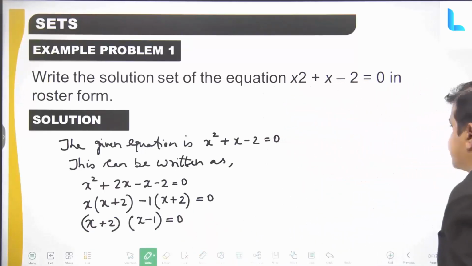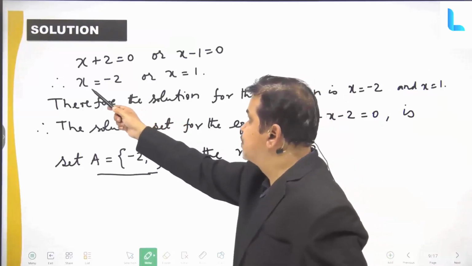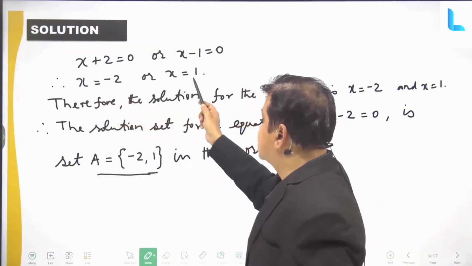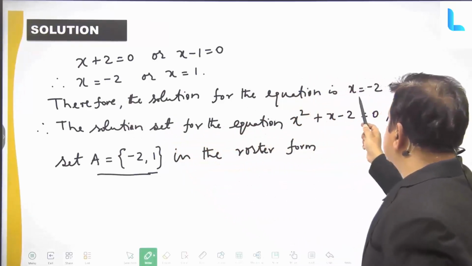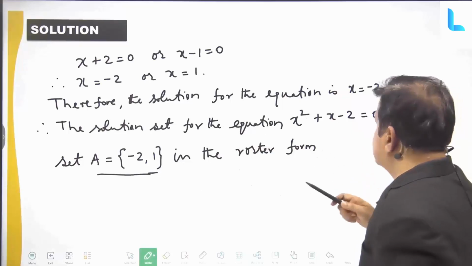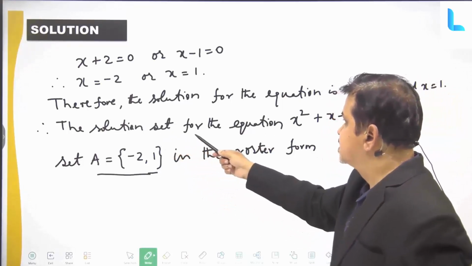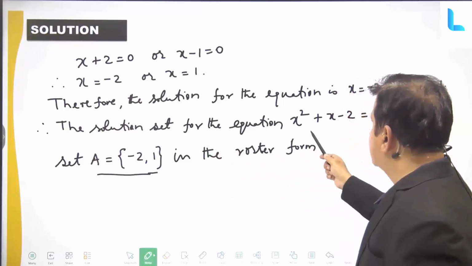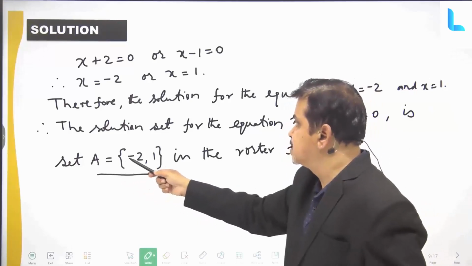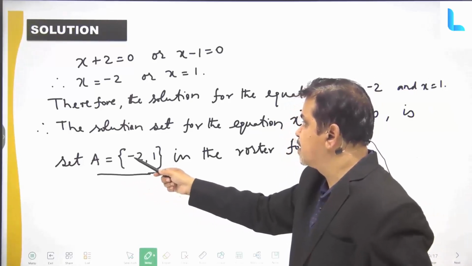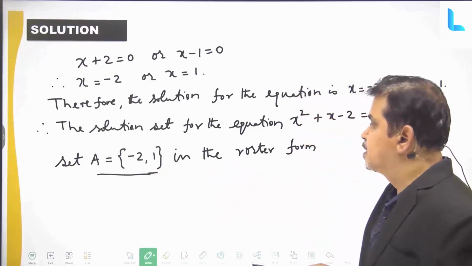Therefore x has two values: x equal to minus 2 or x equal to 1. Therefore, the solution set for the equation x square plus x minus 2 equal to 0 is set A, that is, in braces we can write {minus 2, 1} in the roster form.